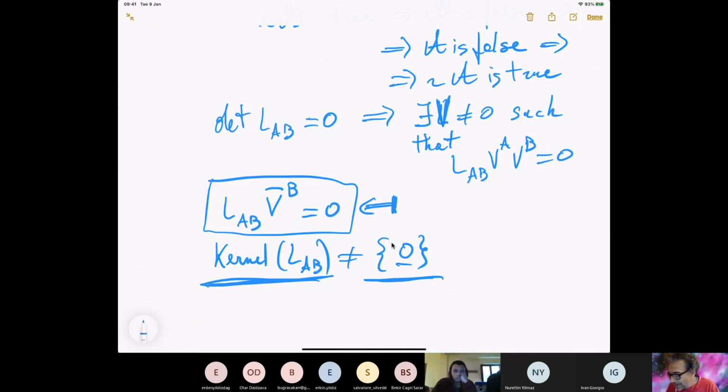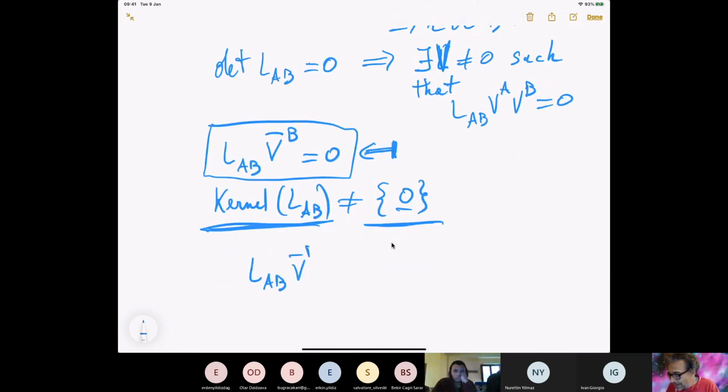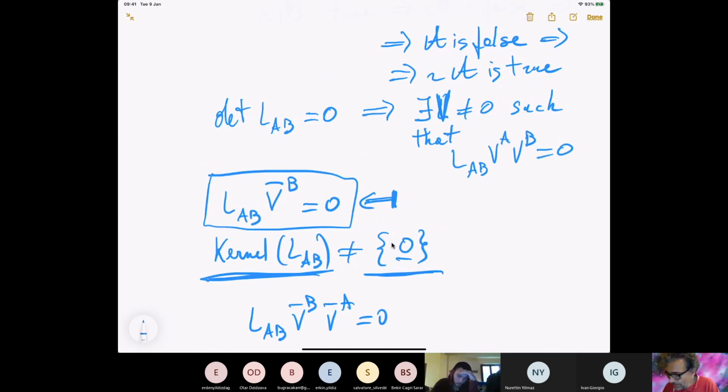Obviously, LAB V bar V, V bar A is equal to 0, because 0 times everything is always 0, and you sum 0 times V bar 1, 0 times V bar 2, and so on. So we have proven that there exists a V such that this is equal to 0. The inner product of V times V is.